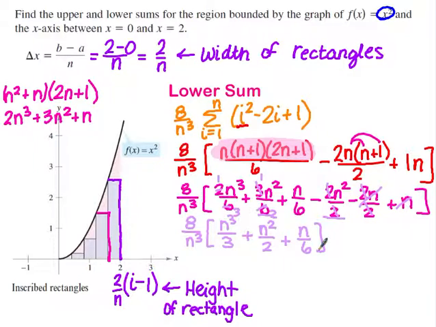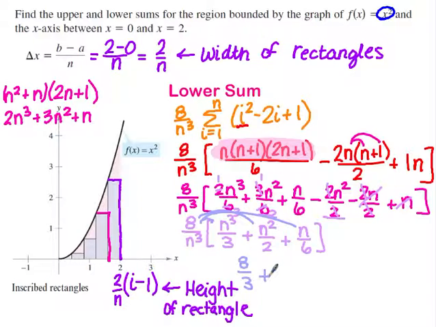Okay, what do you think you're going to do now? Oh, well, what am I going to do here with the purple? Distribute. So I'm going to distribute to each of the 3. Okay, so 8 over n cubed times n cubed over 3 is just going to be 8 over 3. Because the n cubed cancel, right?